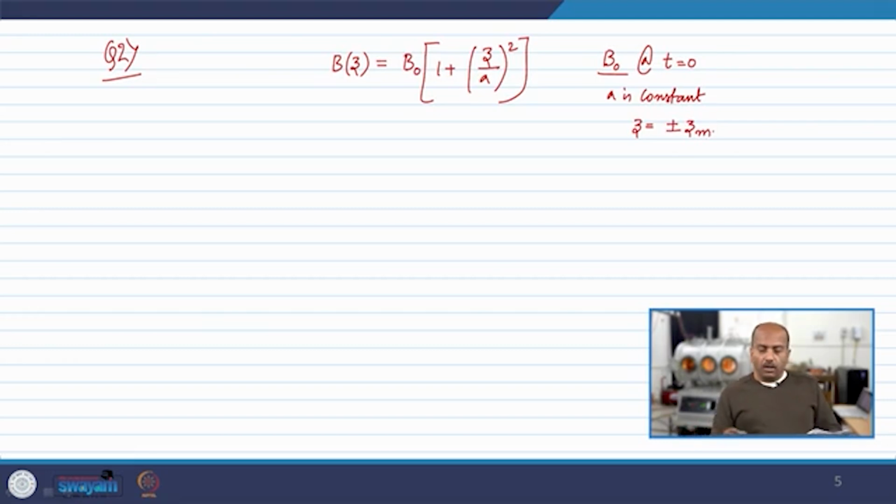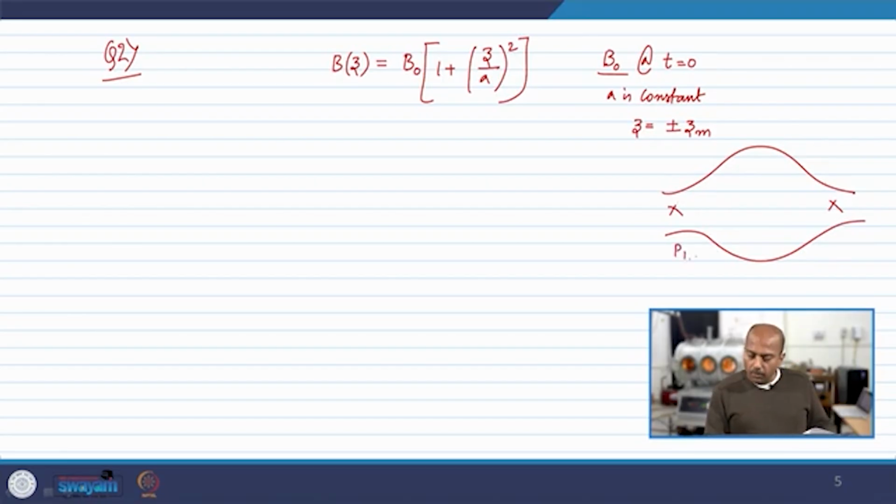This is the bottle configuration, the magnetic field is like this. So, what are these cross points, P1 and P2? These are the points of confinement or the mirroring points.